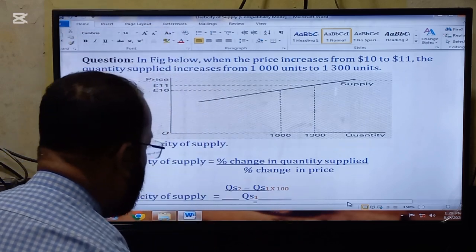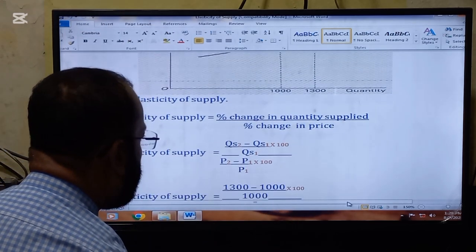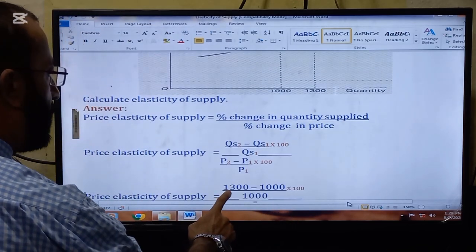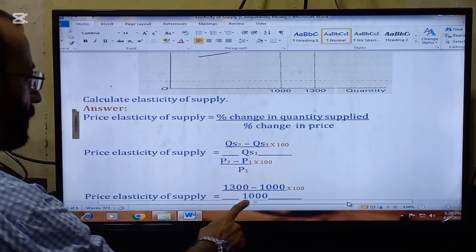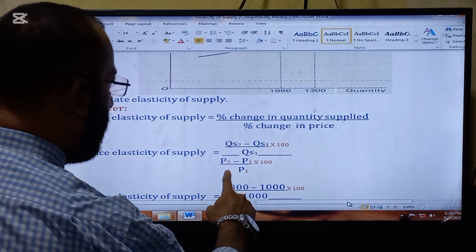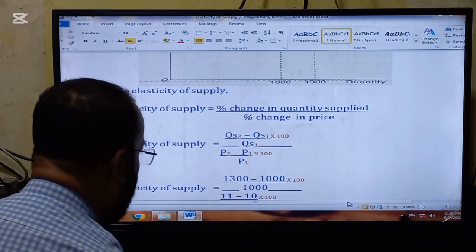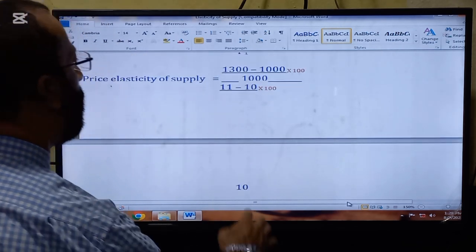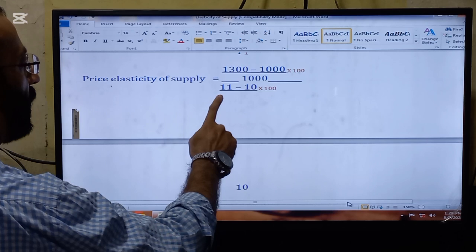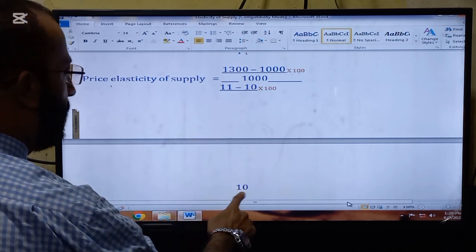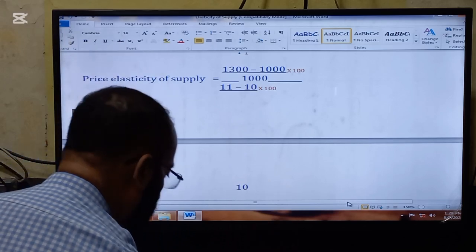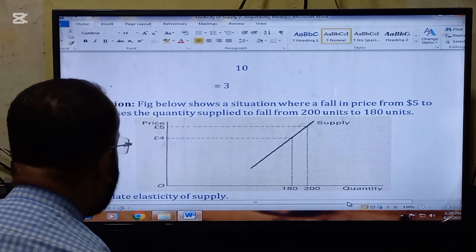Putting values into the formula, the final supply is 1300 and the initial supply is 1000 over QS1, the initial supply. The initial price was 10 and the final price was 11 over the initial price, 10. Solving it on the calculator will give you the answer 3.